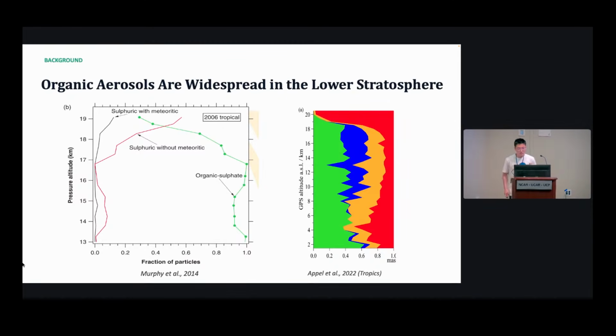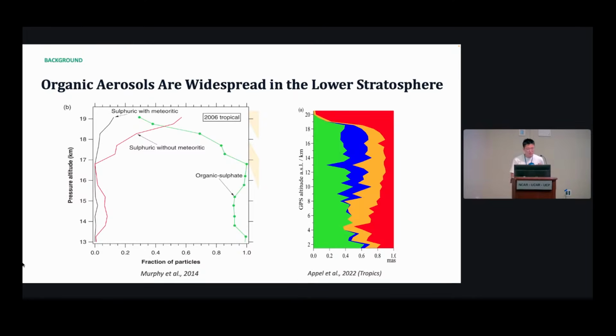Also, we know the typical age of air in the stratosphere is on the order of years, which means this organic aerosol will stay in the stratosphere for more than 1 year, making it very sensitive to photolysis. So since we know there is a lot of organic aerosol in the lower stratosphere, my first thought is that the photolysis should be very small or negligible.